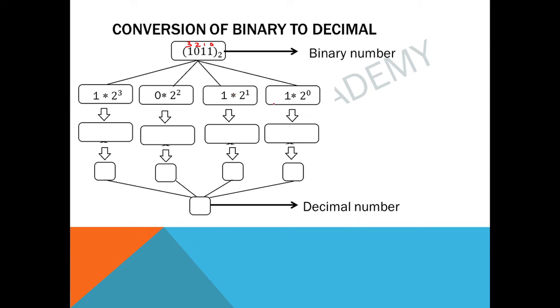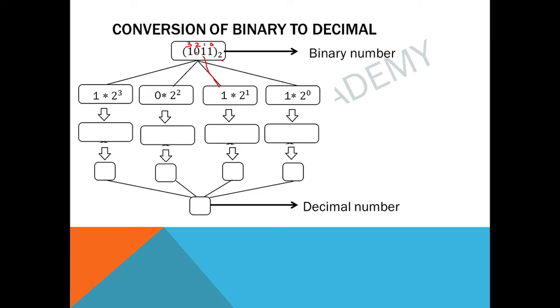So we know the base of the binary number is 2. So we have to multiply each binary digit by 2 raised to its power. In this case, 1 into 2. What is the power of the first digit here? 0. And the second one, this 1, so 1 into 2 power 1.